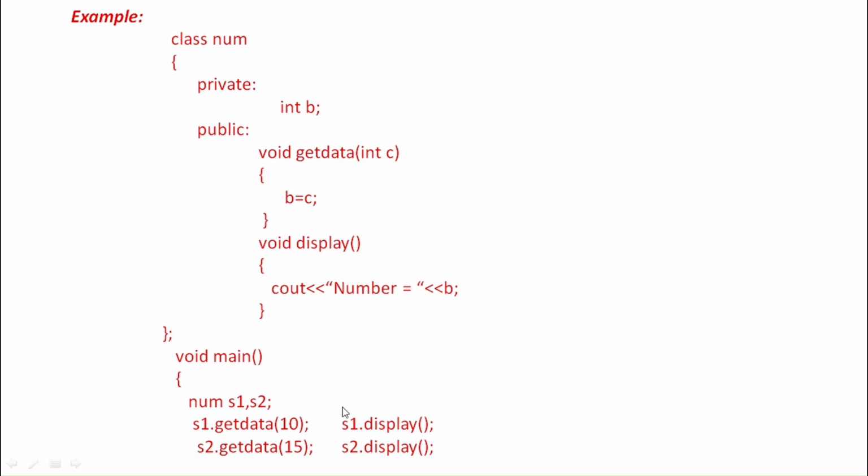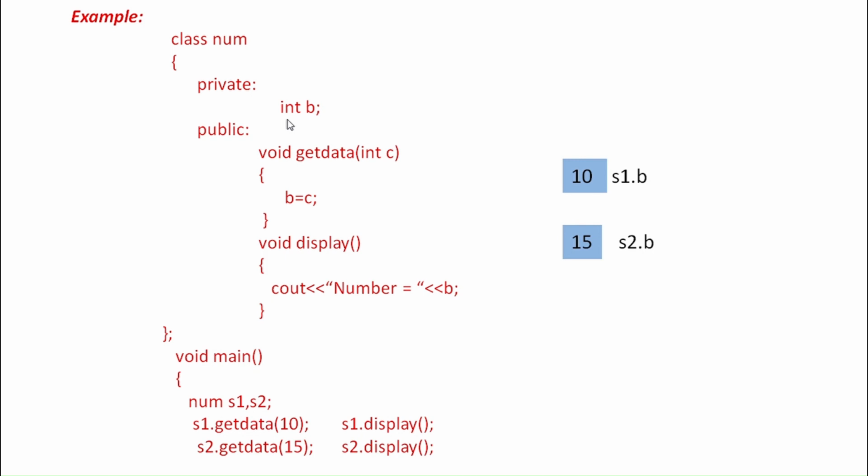So how it stores is, once we pass 10, it is stored in s1.b, and this is one copy which is reserved for that object s1, okay? And again when we pass 15 with the help of the object s2, that 15 will be stored in s2.b, which is another copy of that variable. Understood?